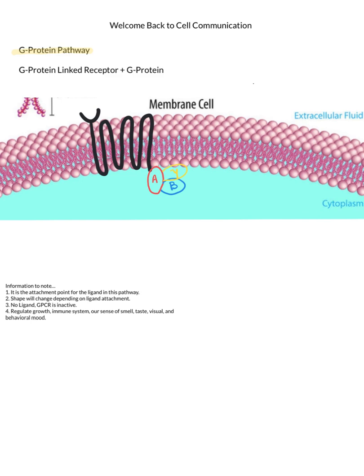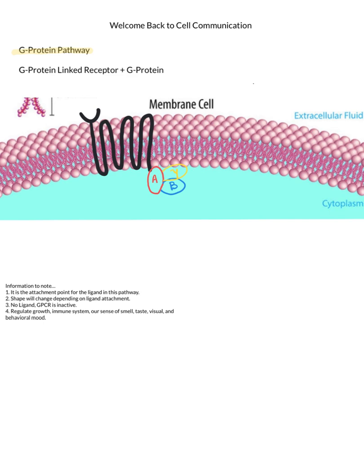G proteins come in different types, but they all bind the nucleotide guanosine triphosphate, or GTP, which breaks down to form GDP. When a G protein is attached to GTP, it means it's active or on, while a G protein that's bound to GDP is inactive or off.